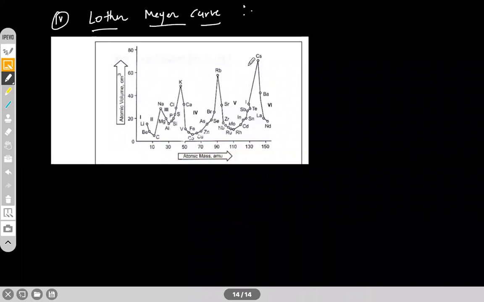This is the graph he got. You don't have to draw this graph. There are a few points to see here.